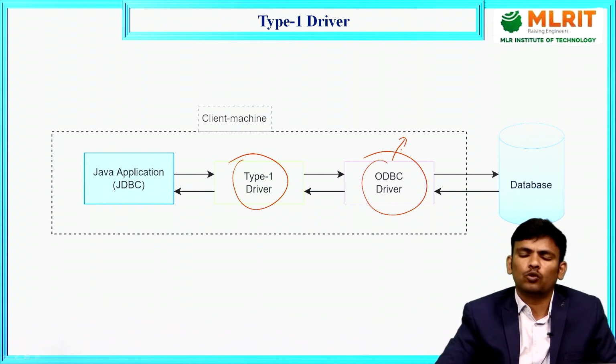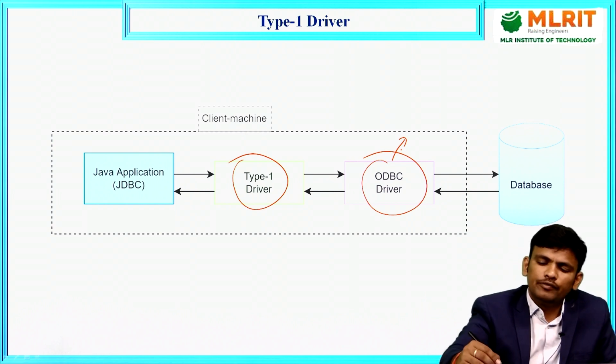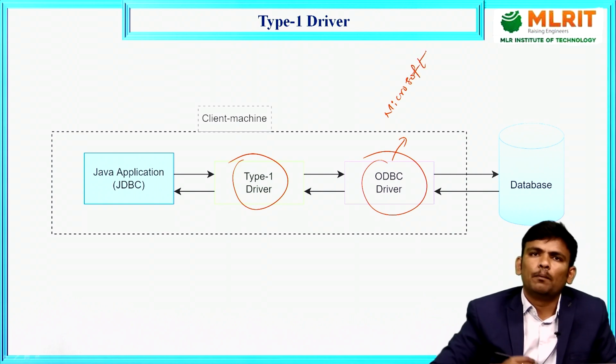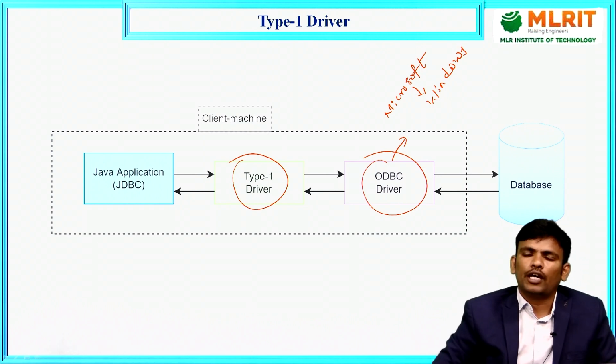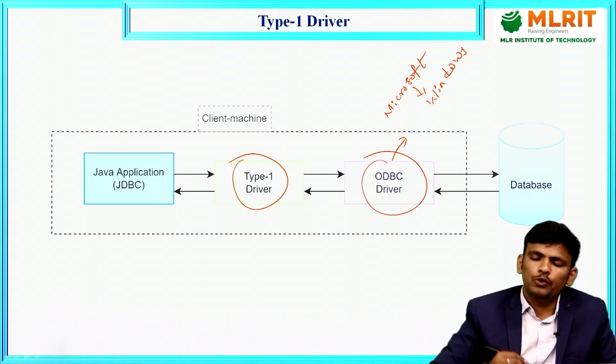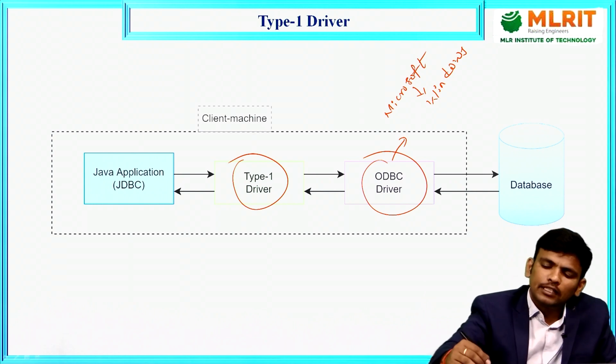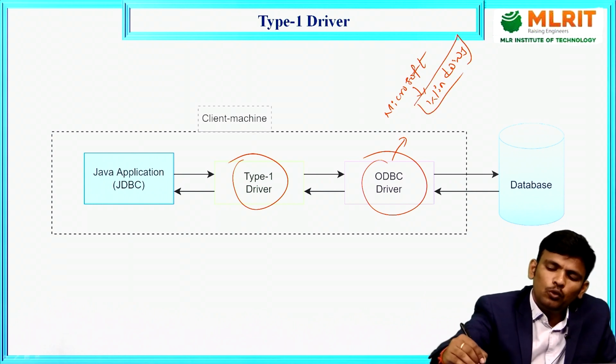ODBC stands for Open Database Connectivity, which was developed by Microsoft. Microsoft is a company which developed this ODBC software for Windows machines. So if you want to use ODBC, we must use only a Windows machine.